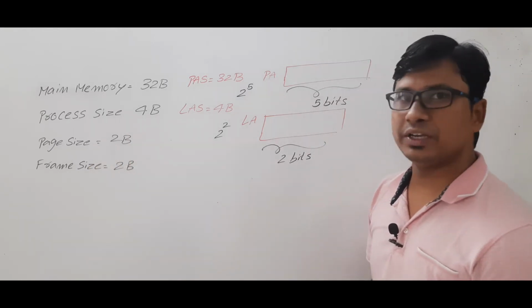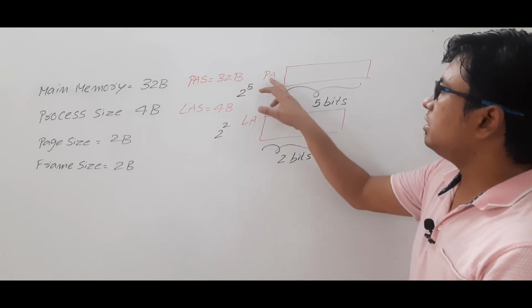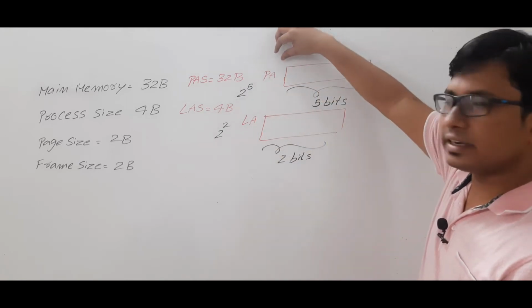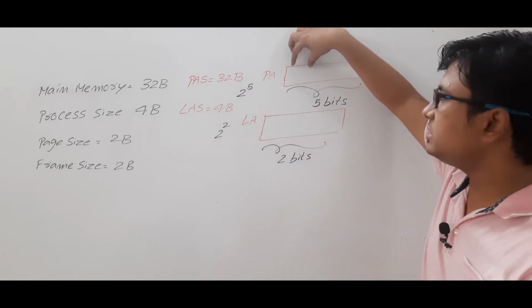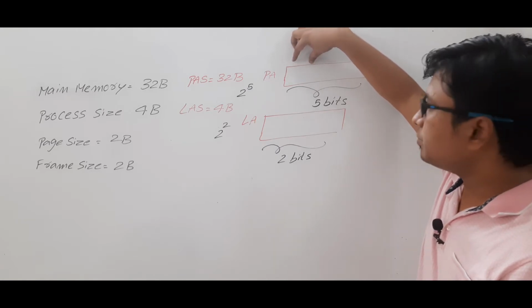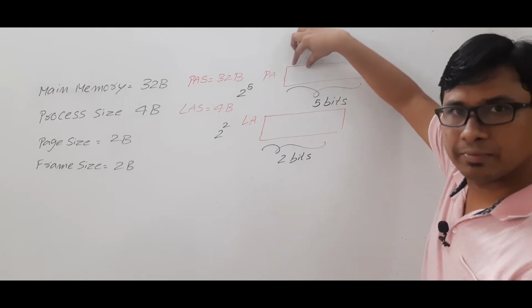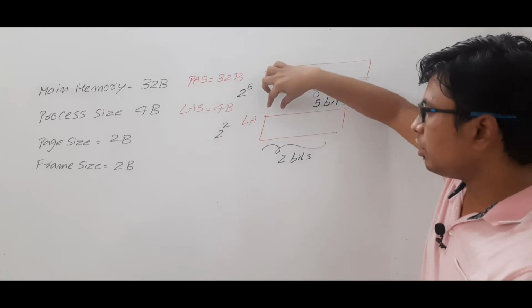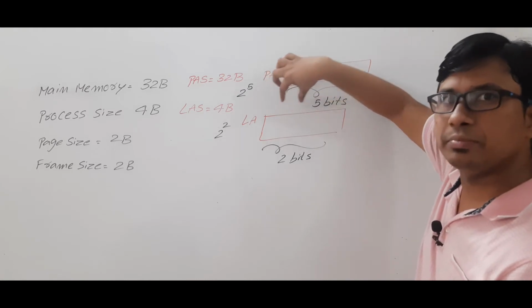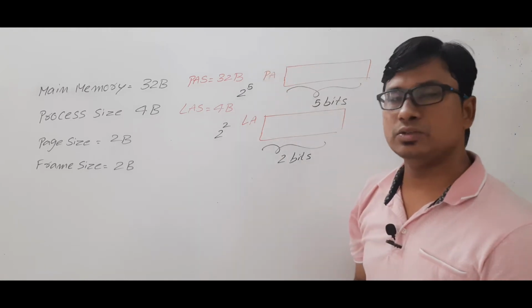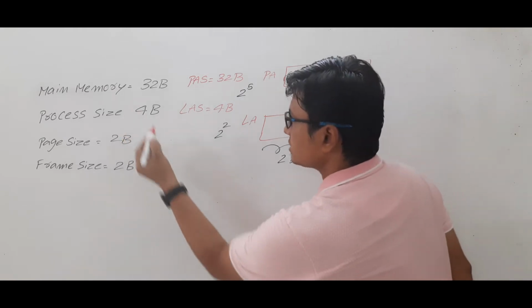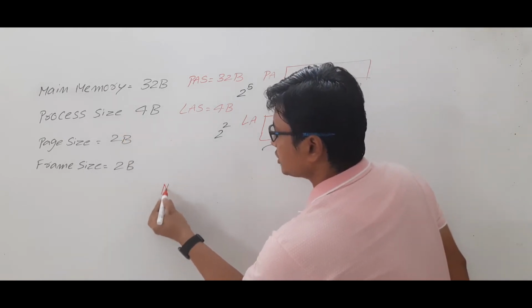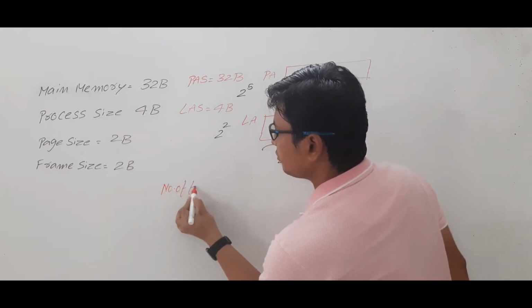Now first thing we need to find the physical address. The physical address consists of 2 parts. One is the frame number, and the other is the frame offset. Logical address will consist of page number and page offset. So as the main memory is 32 bytes, first we need to find the number of frames.